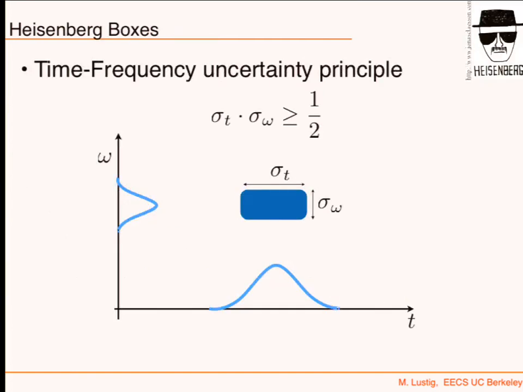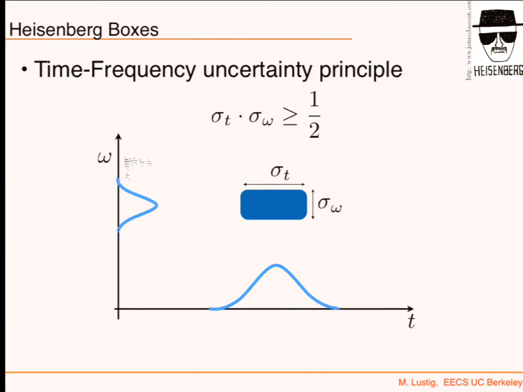Let's talk about Heisenberg boxes. So there's really this time frequency uncertainty principle. In continuous time, what it basically says is that there's always going to be an ambiguity between your ability to resolve frequency and to resolve time.